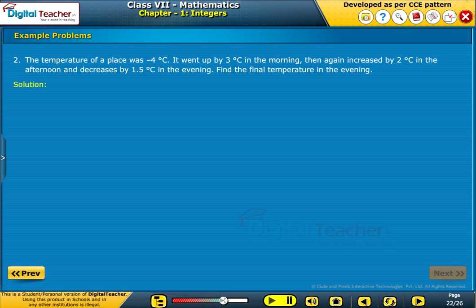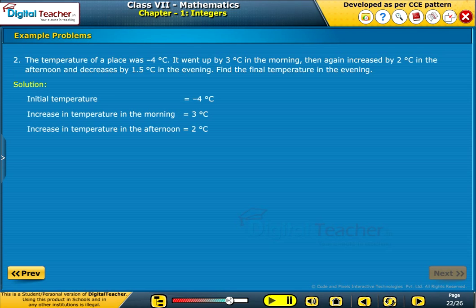Solution. Initial temperature is minus 4 degrees centigrade. Increase in temperature in the morning is 3 degrees centigrade. Increase in temperature in the afternoon is 2 degrees centigrade. Decrease in temperature in the evening is 1.5 degrees centigrade.